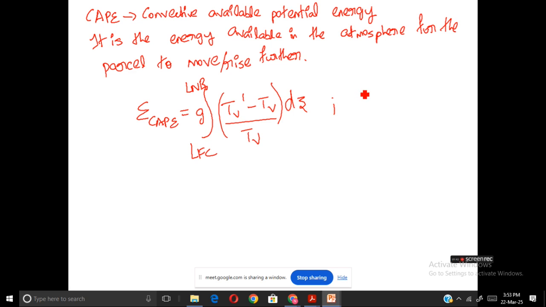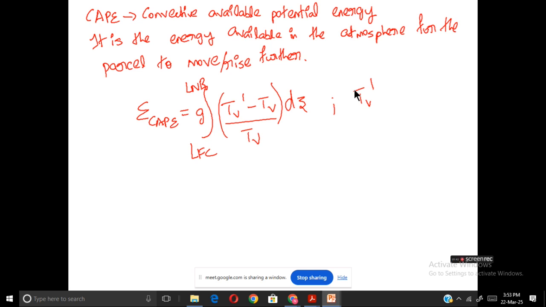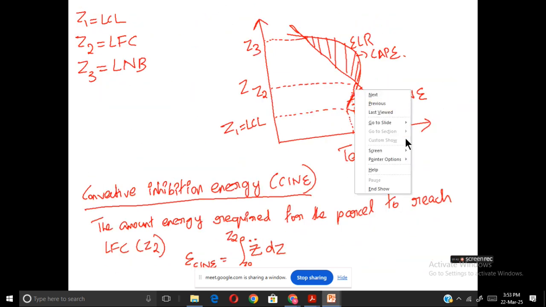So in this case, above LFC, we know Tv dash is always greater than Tv. If you look here, this slanted line is the environmental profile. So above LFC, this is the temperature of the environment, this is the temperature of the parcel.